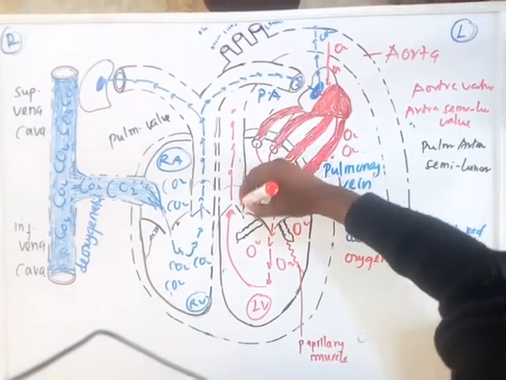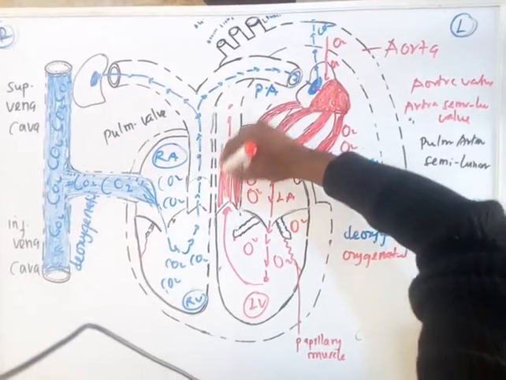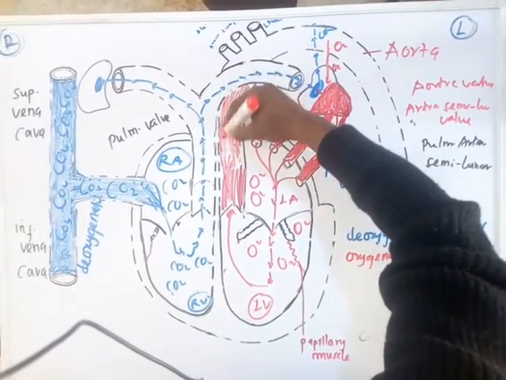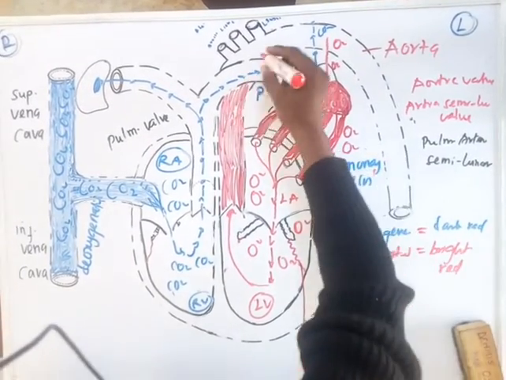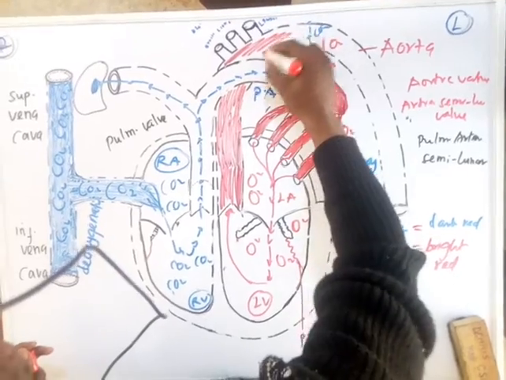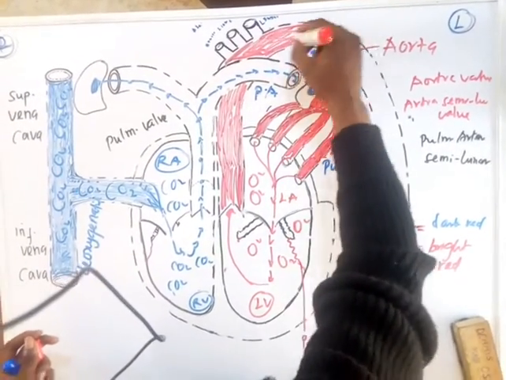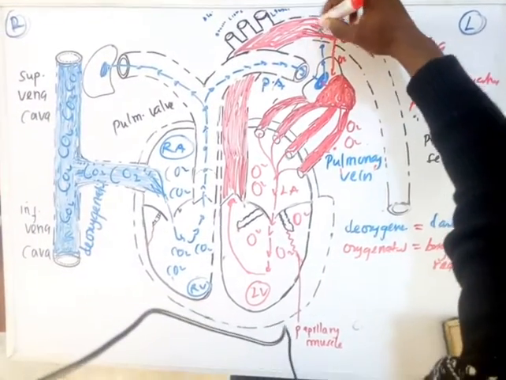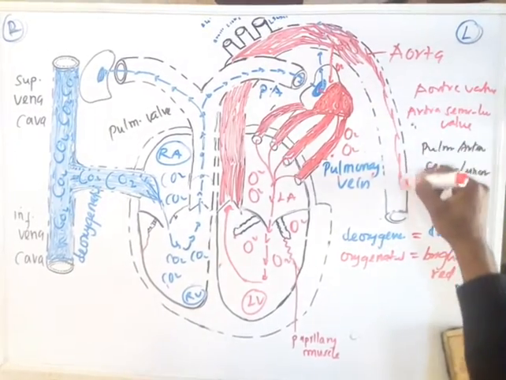And you have the oxygenated blood going through the aorta, and then it will distribute.